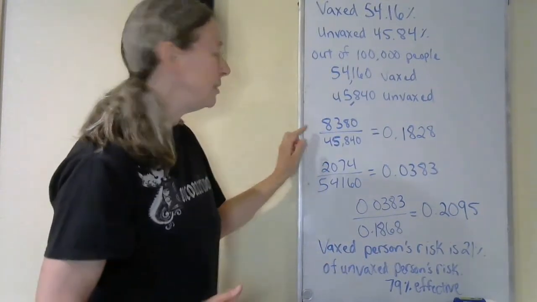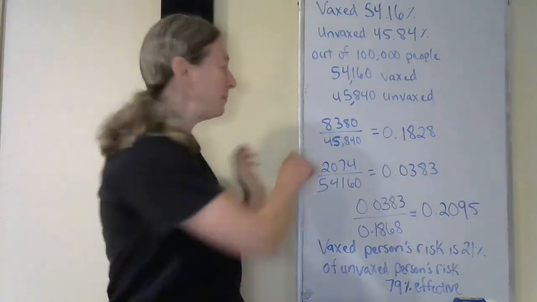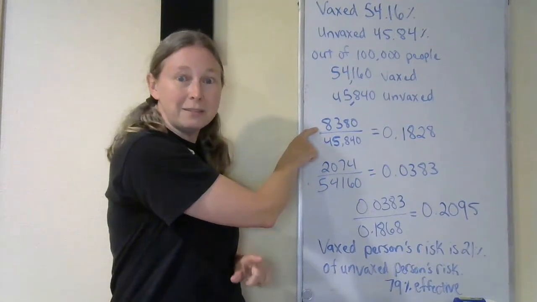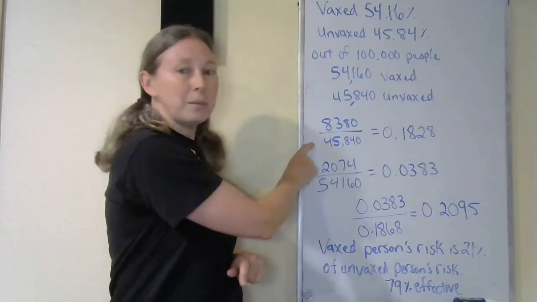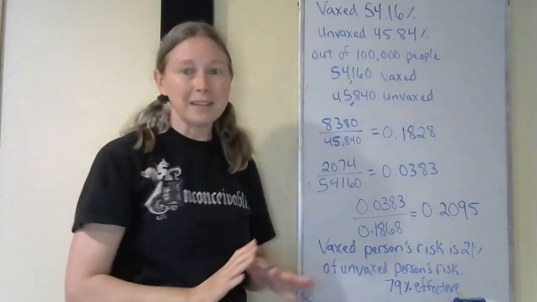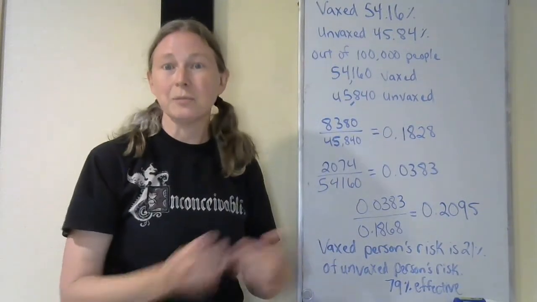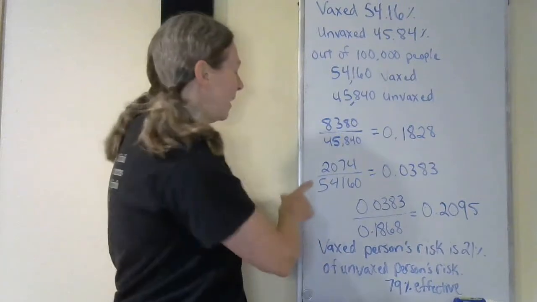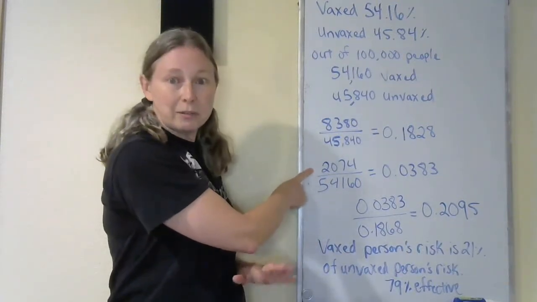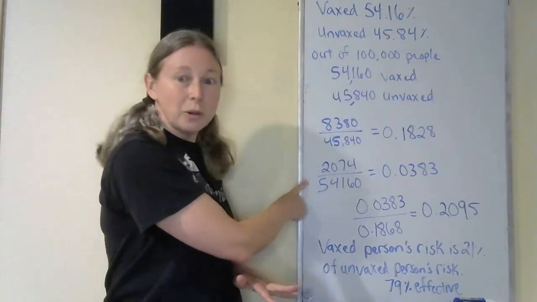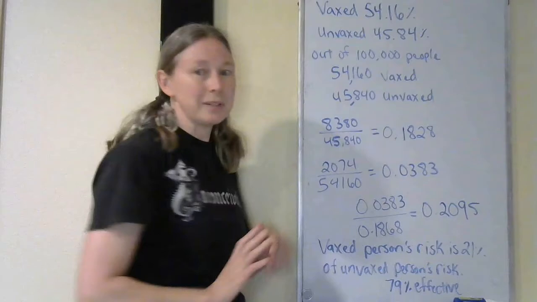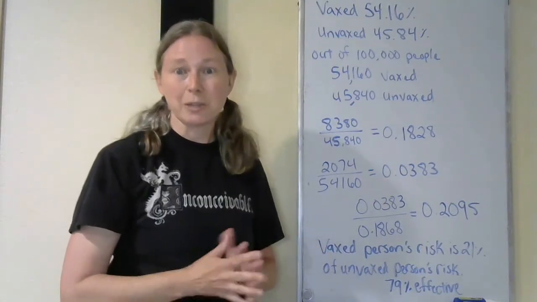So then, in order to scale the percents properly, you take the number of people who are diagnosed with COVID but unvaccinated and divide that by the population that's unvaccinated. So 18.28% of the unvaccinated population was diagnosed with COVID. Same thing with the vaccinated population. You take the number of people diagnosed with COVID who were vaccinated divided by the total number of people who are vaccinated. And so 3.8% of that population was diagnosed with COVID.